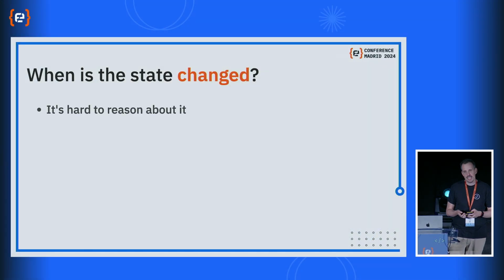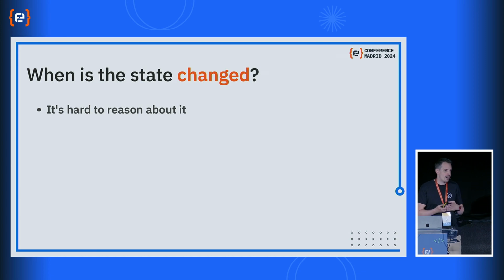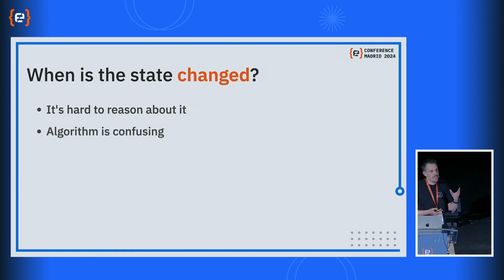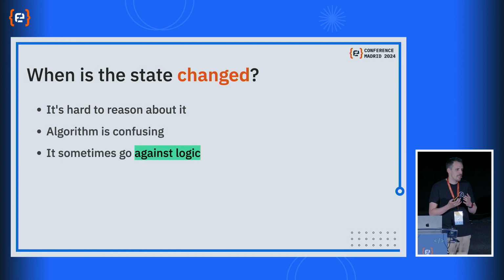The reality is that it's hard to reason on why a composable needs to recompose, because sometimes the algorithm is kind of confusing, and sometimes it can go against our simplest logic, meaning that maybe we haven't changed the state, but for one reason or another, the composable is being recomposed.